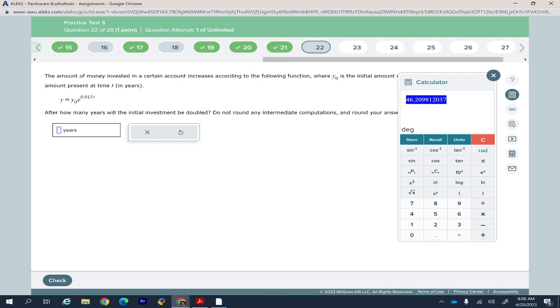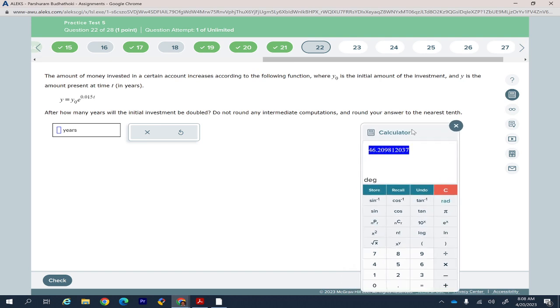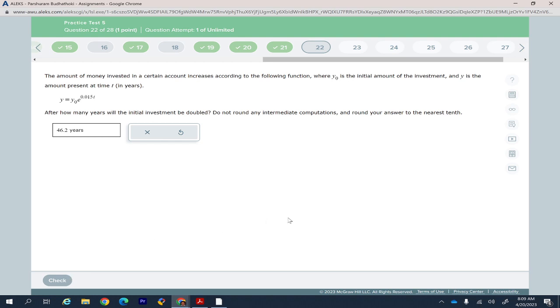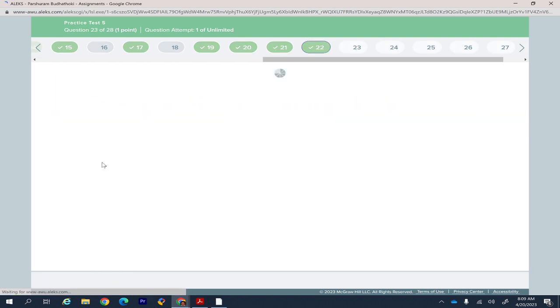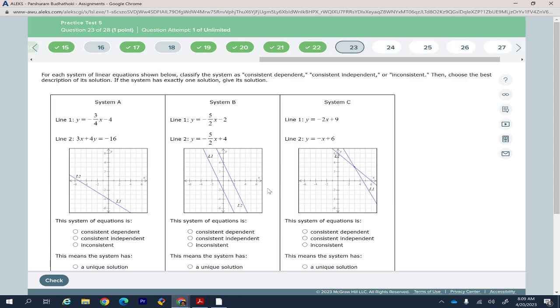After how many years will the investment be doubled? Do not round any intermediate computation and round your answer to the nearest tenth. So nearest tenth would be 46.2. After 46.2 years, the initial investment will be doubled using that formula.